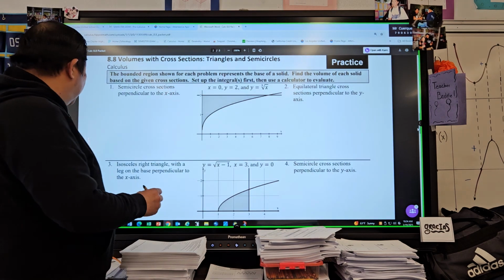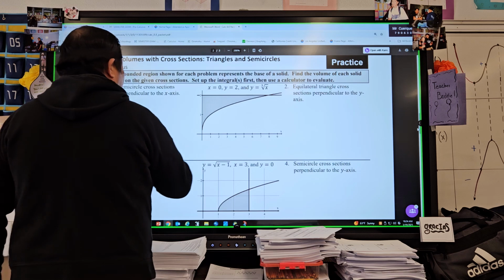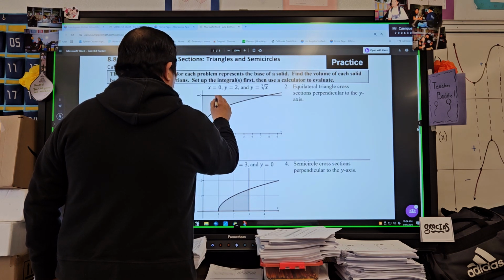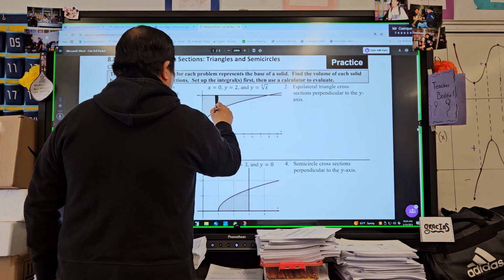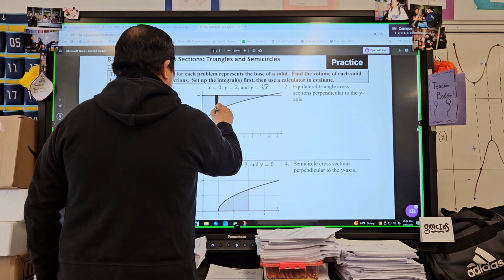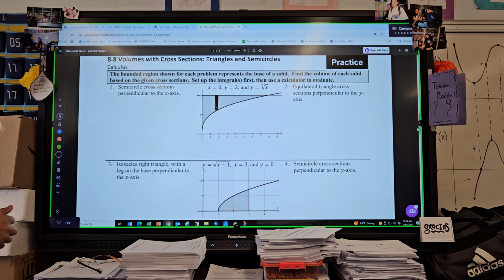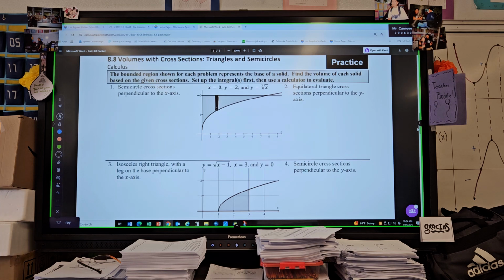So perpendicular to the x-axis means you have to do it this way. Okay, and then we have x equals 0, then y equals 2, and y equals cube root of x.